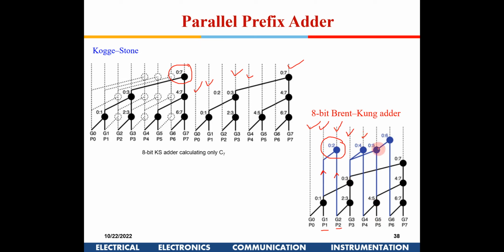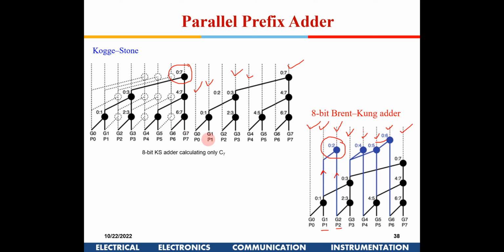Okay, so now 0 to 5 is also not available here. 4 to 5 is available here. Now 0 to 4 is available here, and 0 to 3 is available here, so I can use that and generate 0 to 5. Similarly, 0 to 5 I can use to generate 0 to 6 here. So this way I have generated all the required ones.